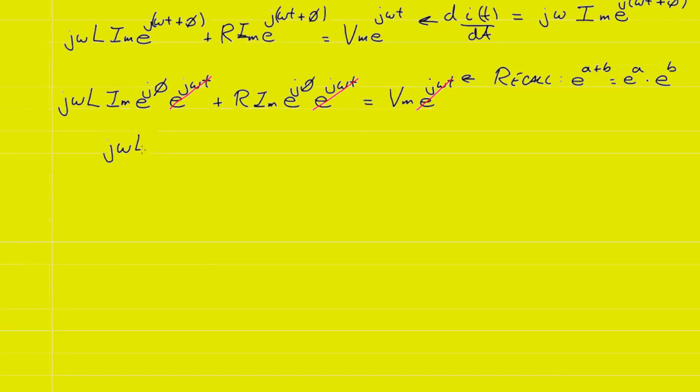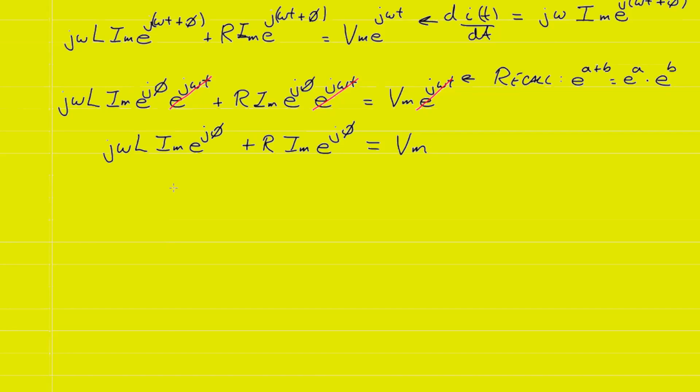We have j omega L Im e to the j phi plus R times Im e to the j phi equal to Vm. Here you can see that the only variable in the circuit is the frequency term omega, and then we'll have the unknown phase. This is known as the frequency domain.